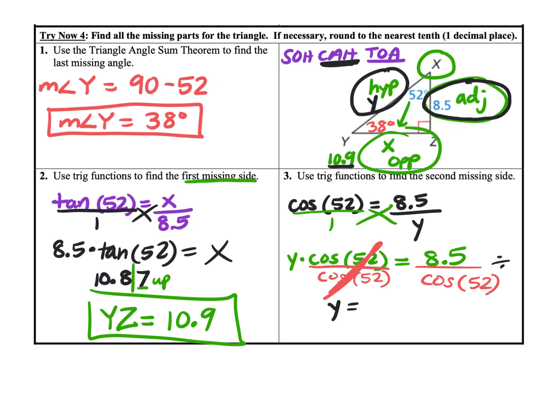And when you do that, the calculator will give you 13.80. The 0 rounds down, so my last missing side here, side Y, which is really in my picture, I want to go back to the letters. So XY equals 13.8.